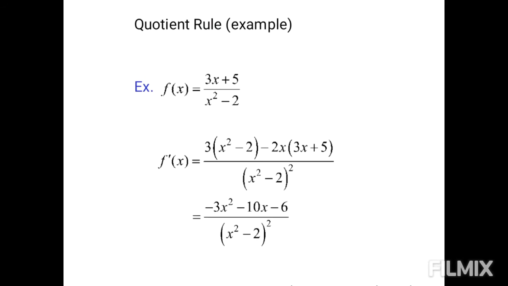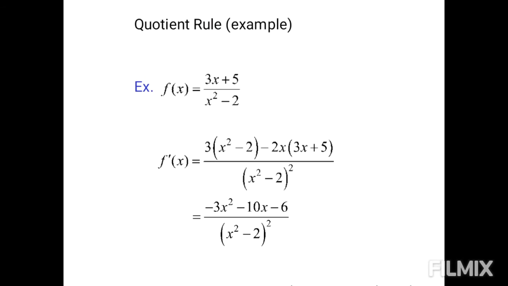And let's perform this. When we perform this, the answer that we can have will be negative 3x squared minus 10x minus 6. We just eliminate those contradicting signs, and as well we combine like terms. And then copy this one for the denominator.